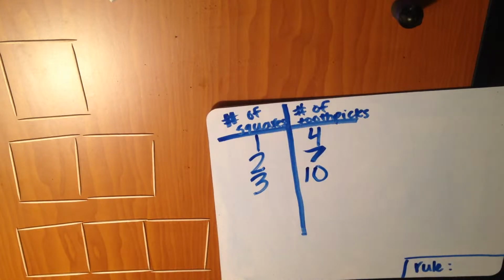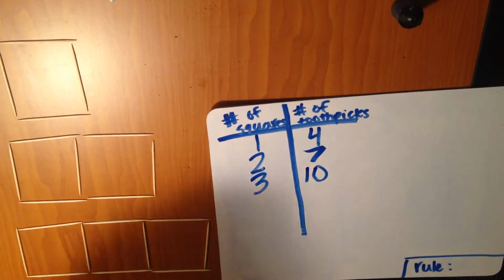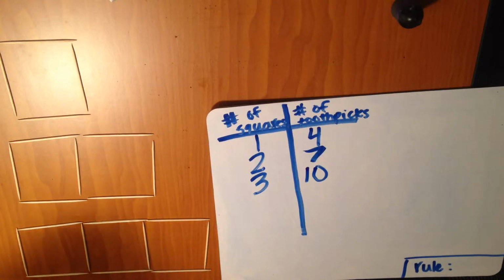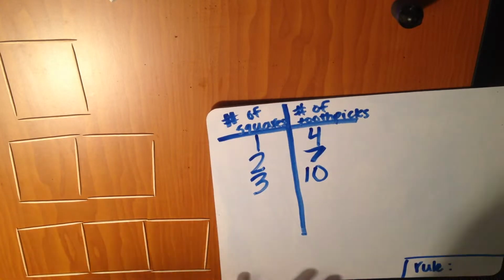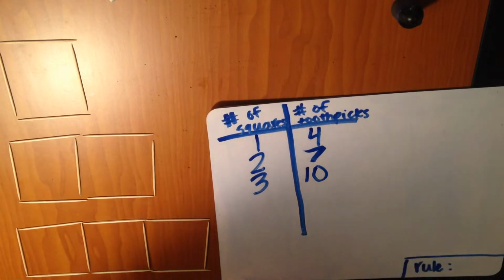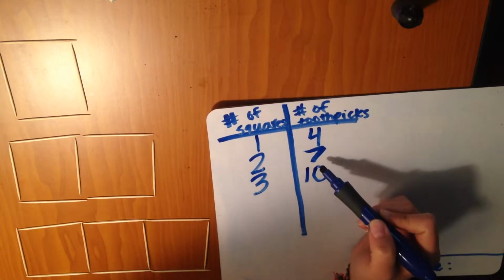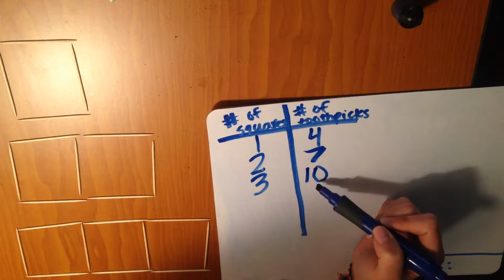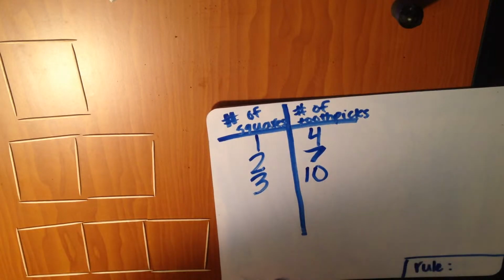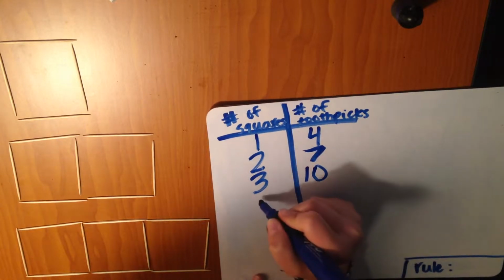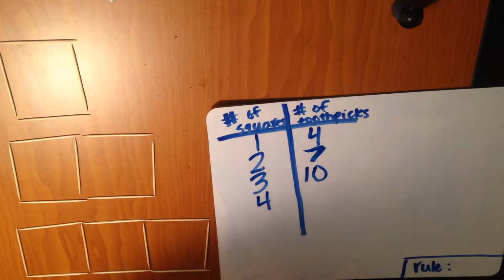And what I notice when I look at my table is that on my right side, my numbers seem to be going up by 3. I know that 4 plus 3 is 7, and 7 plus 3 is 10. So I wonder, what's my 4th term?